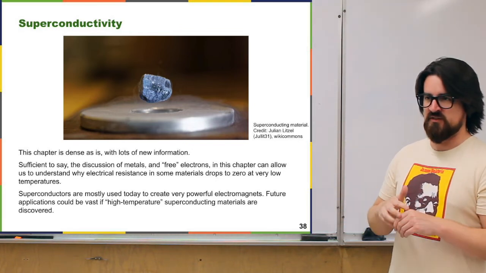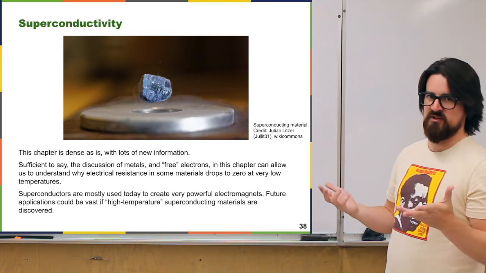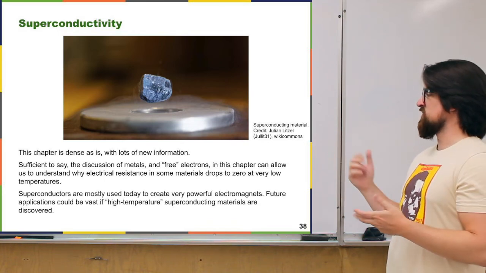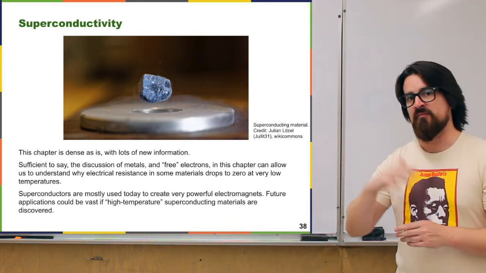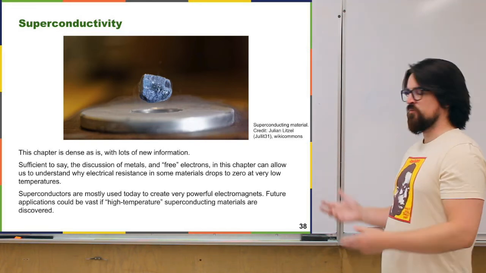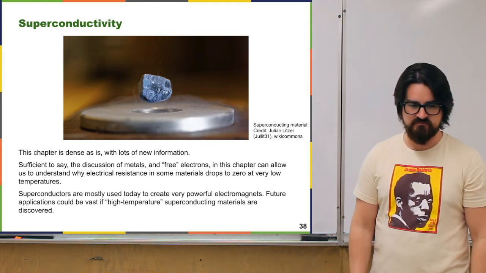Liquid helium is not a very plentiful thing. Liquid nitrogen, however, is very plentiful, easy to get, or easy to have. And so if we could find a material that is superconducting at above like 77 Kelvin, I think is liquid nitrogen, then that opens the door for a lot more practical applications.